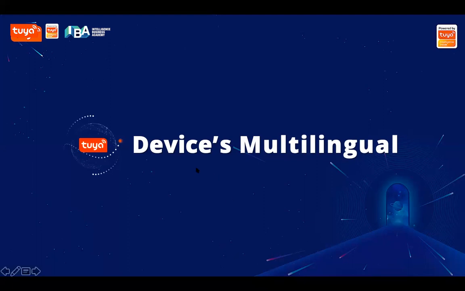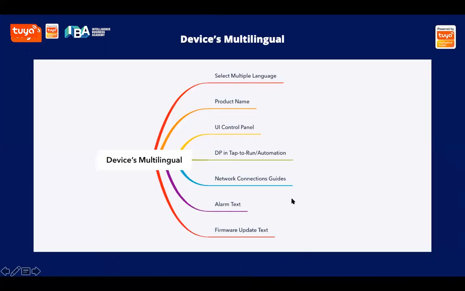First, let's discuss device multilingual. Here is the main topic of device multilinguals. The first thing I will introduce is how to select the multiple languages you need in the IoT platform.